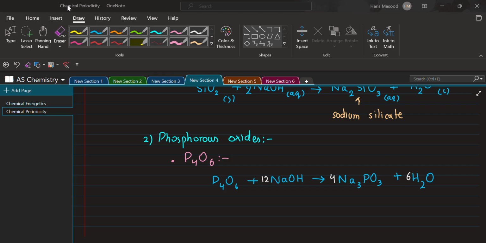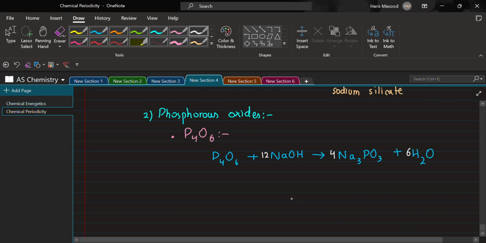Then for the P4O10, just a slightly changed equation.